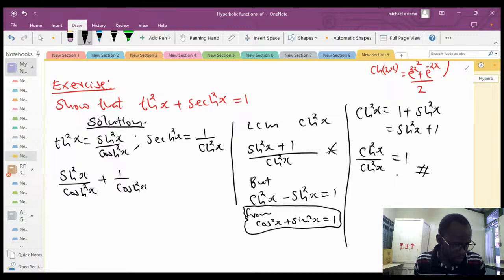I hope now maybe we can go to another question on hyperbolic function. I'll do two more questions, so that now you can cross for hyperbolic function. Then you can go to some problems on differential calculus.